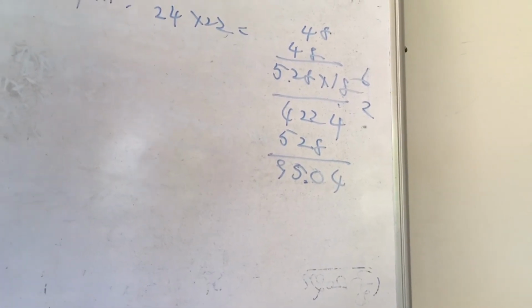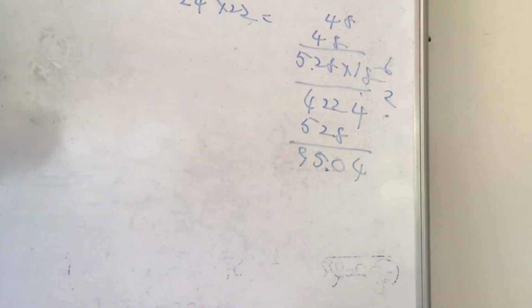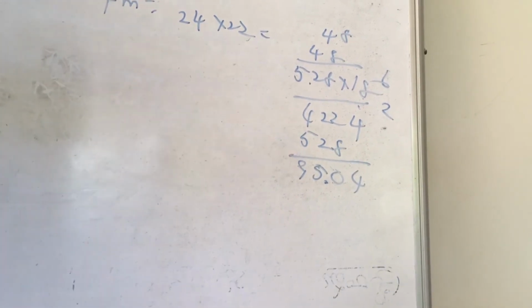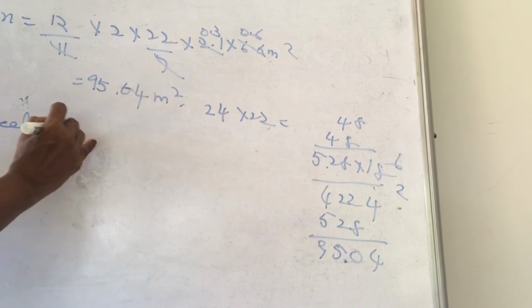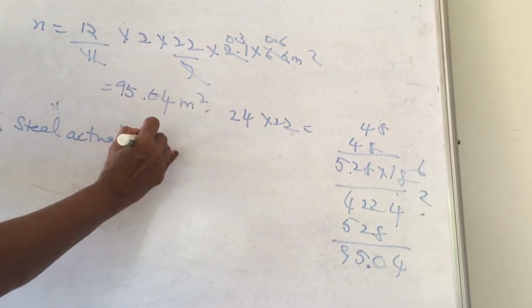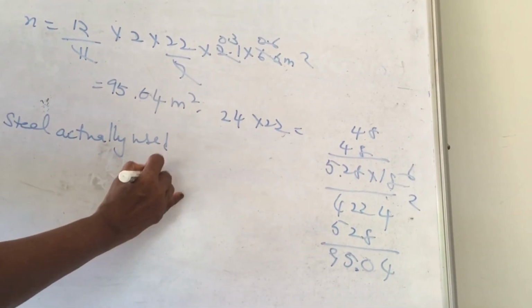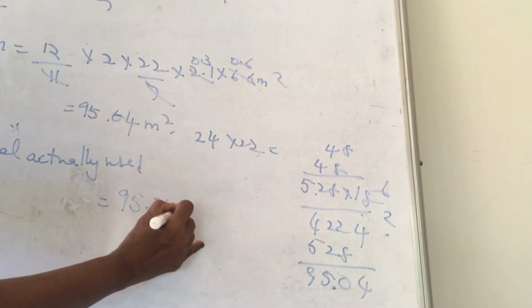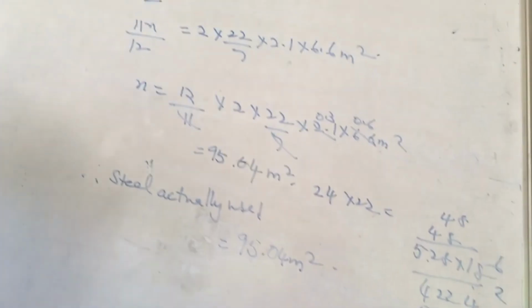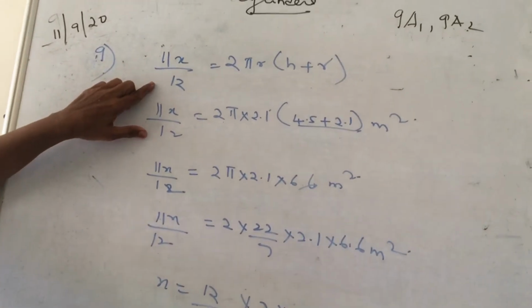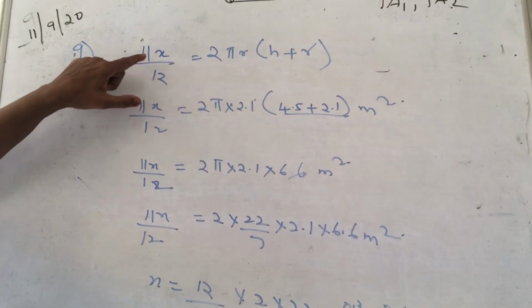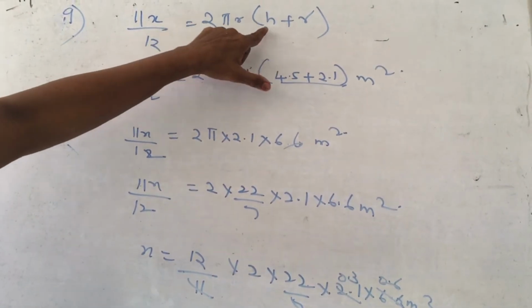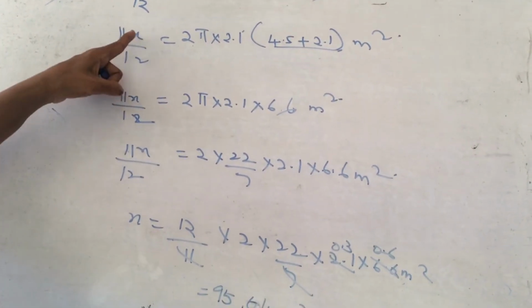Therefore, steel actually used is equal to steel supplied minus wastage, that is 11X by 12 equal to the TSA of the cylinder.